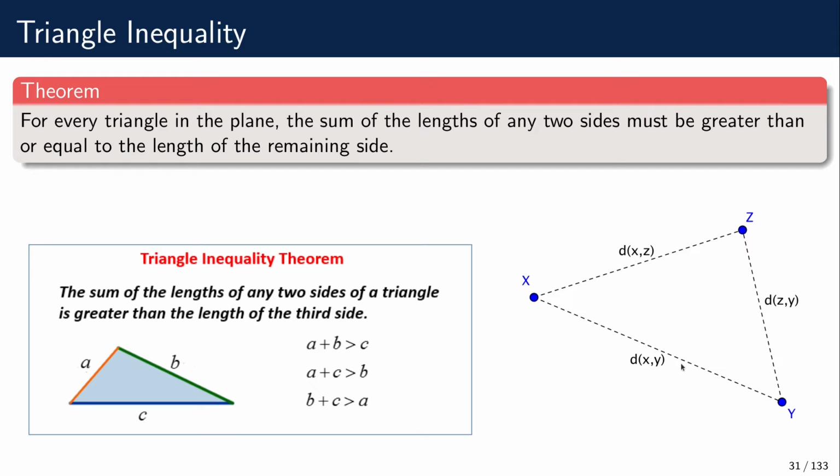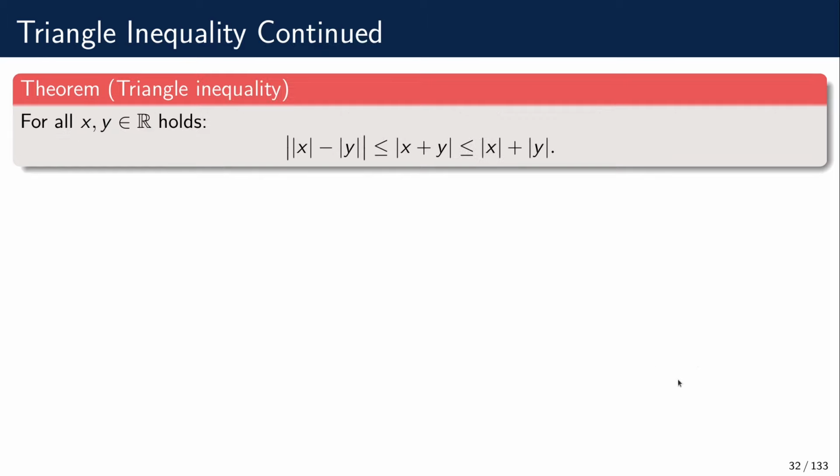If we translate this to the distance function, and we want this distance function to satisfy this intuition from Euclidean geometry, then we need to demand, for example, that the length of this side in this triangle is d(x,y). So the triangle inequality would imply that the distance between x and y is less than or equal to the distance from x to z plus the distance from z to y.